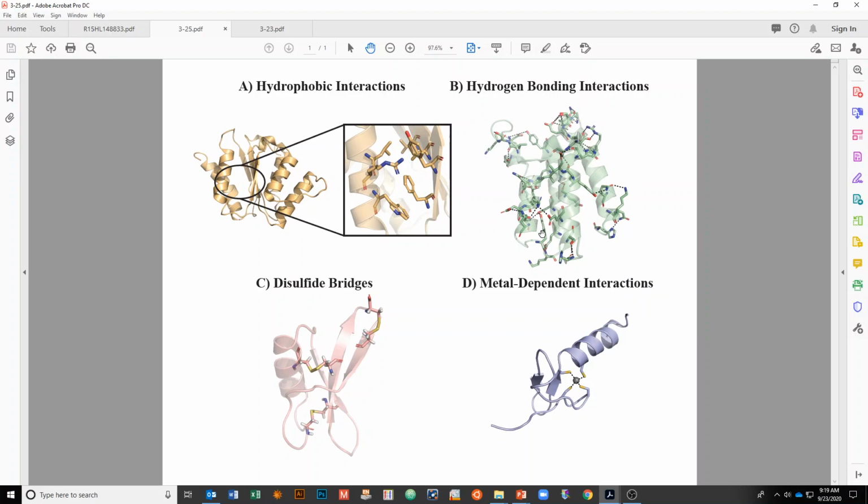Now, in that case of the bromodomain that I just showed you, the alpha helical segments are held in place due to hydrogen bonding interactions between adjacent alpha helices. So we started off with an example of the hydrophobic effect. Now we have a case of hydrogen bonding interactions holding everyone together, sort of fine-tuning tertiary structure.